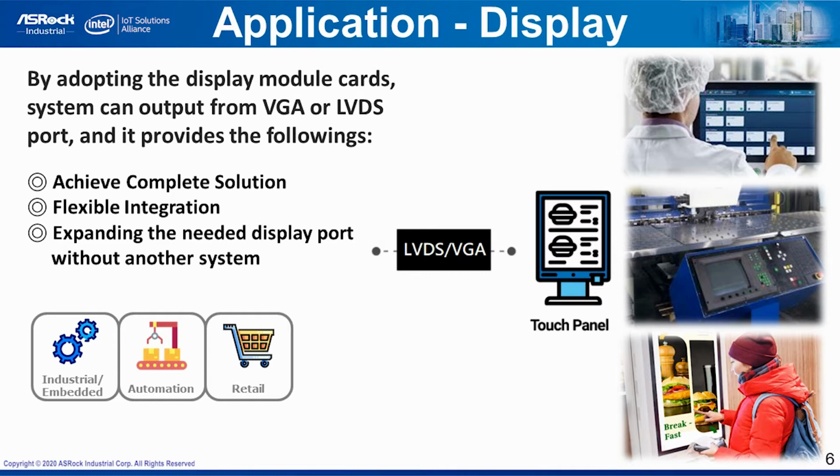And it also widely used in automation field in order to monitor the process of production. So, by adopting display module cards, it provides the following benefits. It achieves complete solution and flexible integration, also expanding the needed display port without another system.